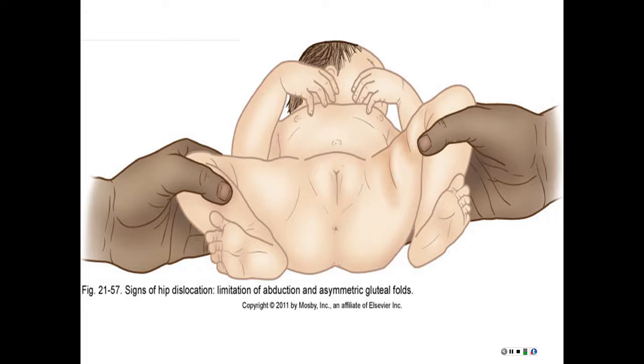And then that way, when I push and flex the knees up, I can feel a pop by my fingers that are underneath the hip. And then I will spread the legs or abduct them to see if there's any asymmetry in the gluteal folds. Like you see on this gluteal fold to the patient's right, it seems to be a little different than what you see on the left. And on the left you see 2 gluteal folds, and on the right you only see 1.